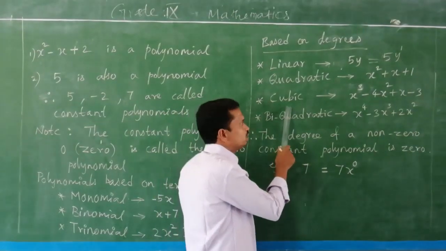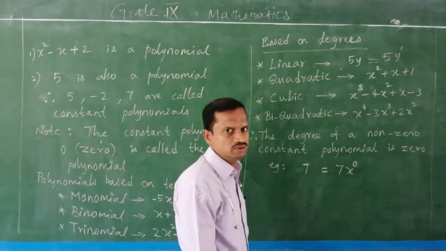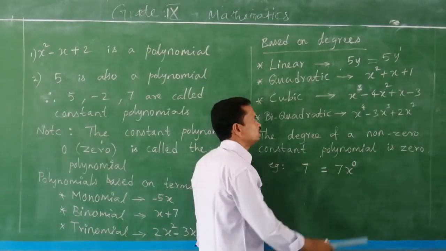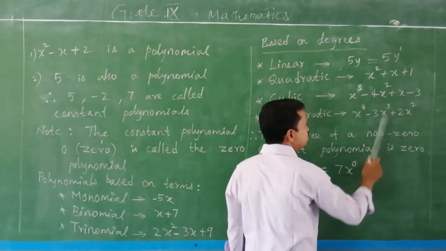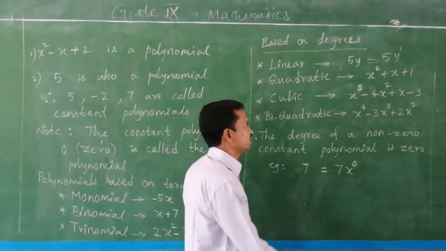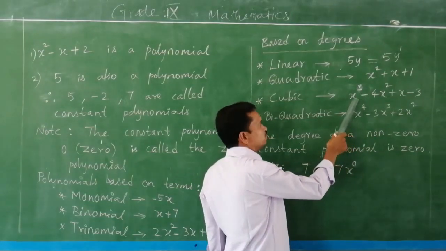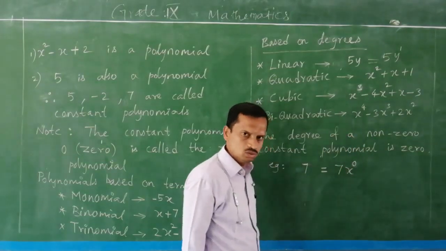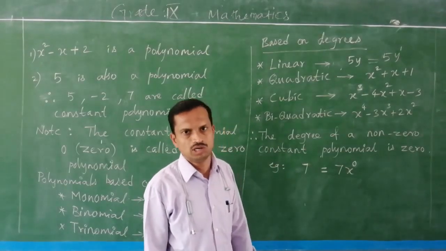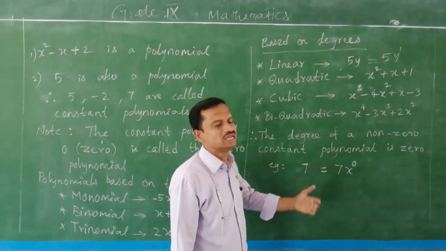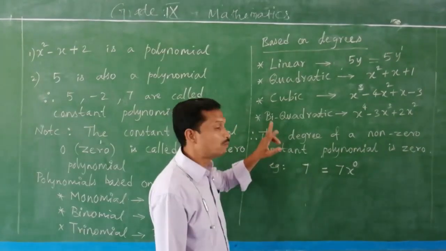Now coming to cubic polynomial, if the degree is 3, then we can say it is a cubic polynomial. Now you see here, x cube minus 4x square plus x minus 3 is a polynomial. The degree, that means the highest power of the variable x, is 3. So here the degree is 3 and we can say it is a cubic polynomial. And if the degree is 4, then we can say it's biquadratic.